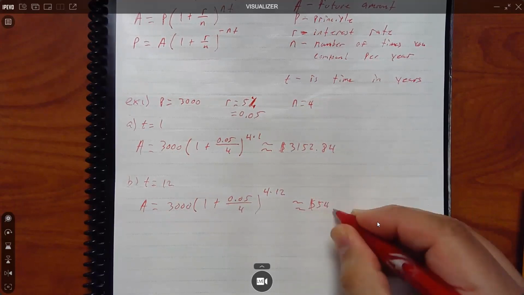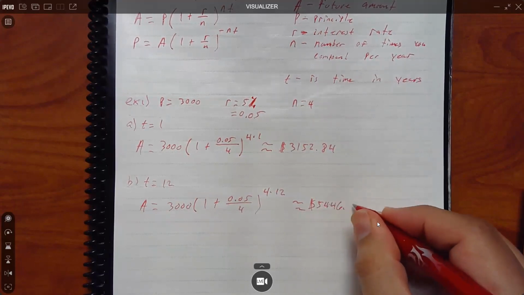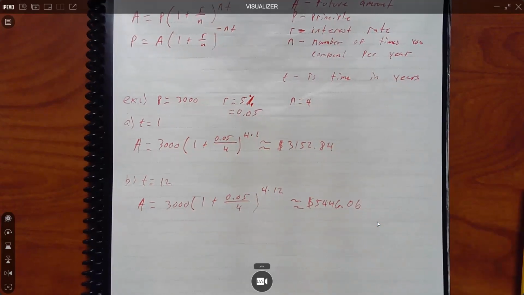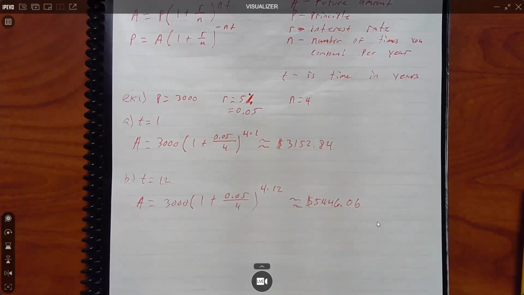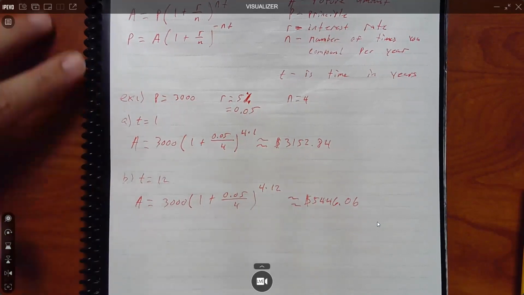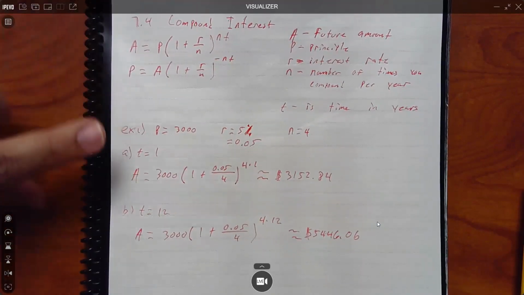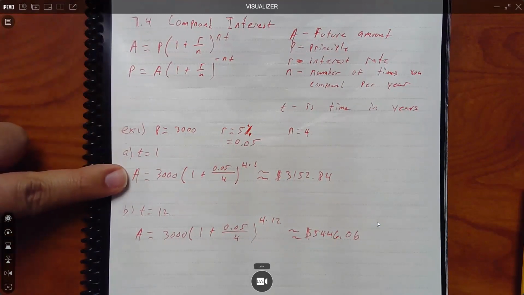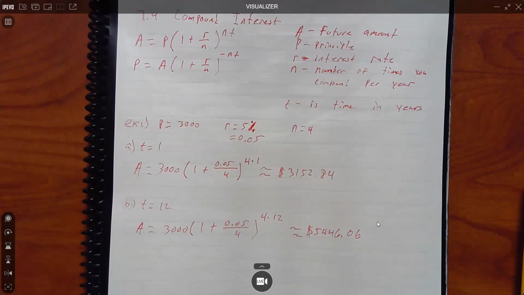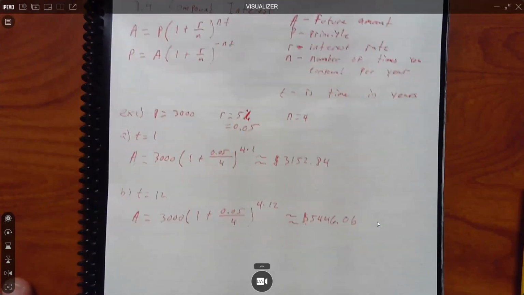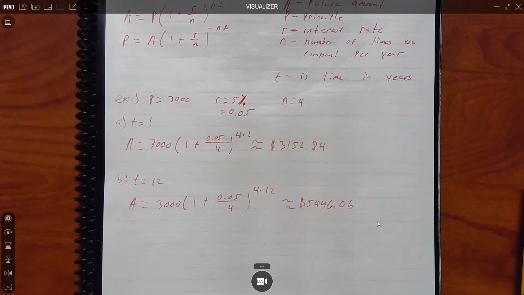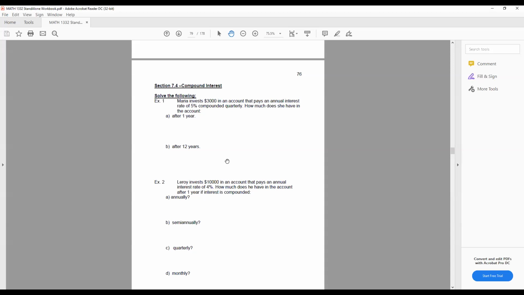We're not going to keep all that fractions of a penny. But anyway, so very similar to the last section we did. We're just using a new formula. So they may ask future amount given different scenarios or different amounts of compounding. So that's example 1.